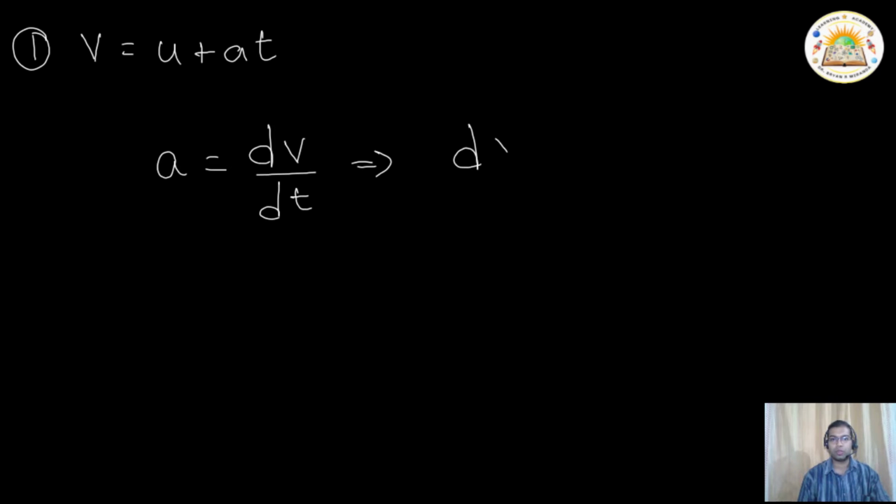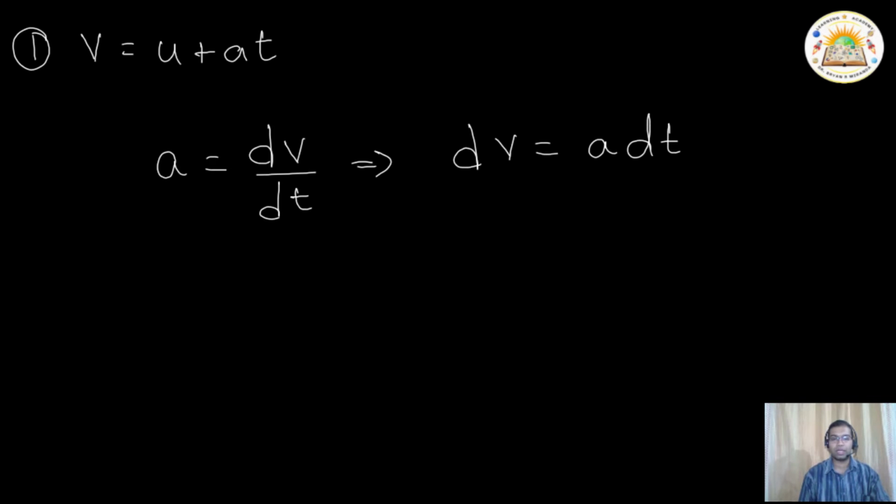So the first equation of motion is v is equal to u plus at. Now in order to arrive at this, we will take acceleration, which we have seen as nothing but dv by dt. That is the rate of change of velocity. We will go ahead and do a small change. So dv is equal to a times dt.